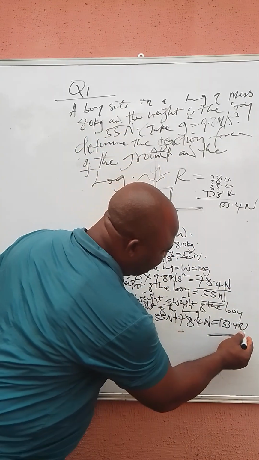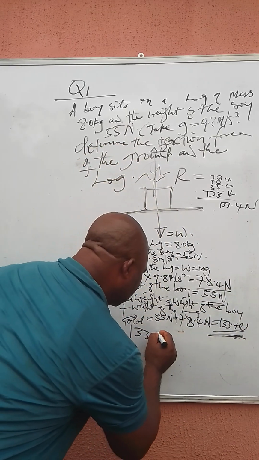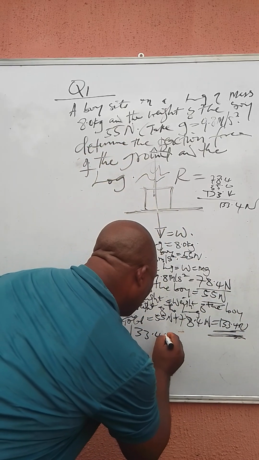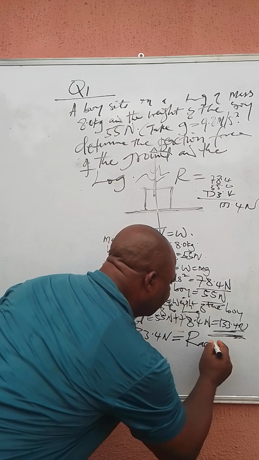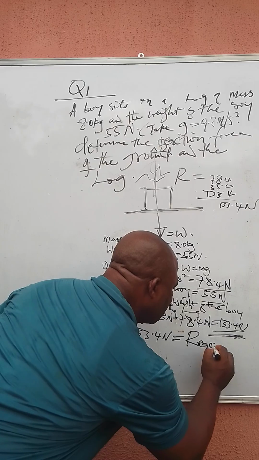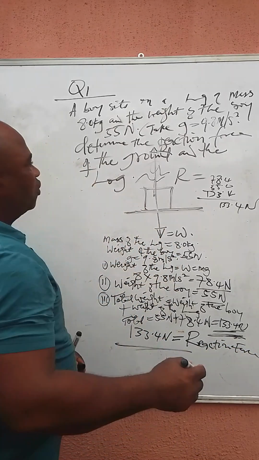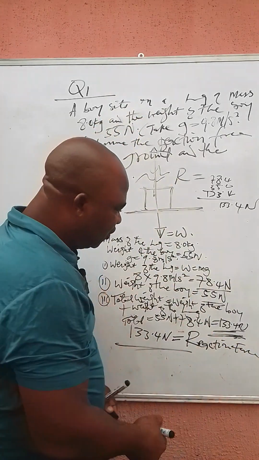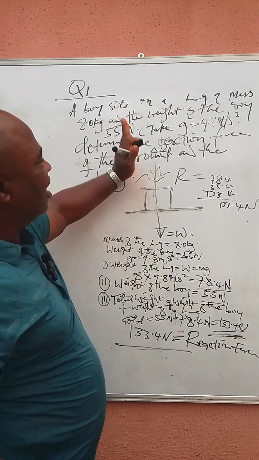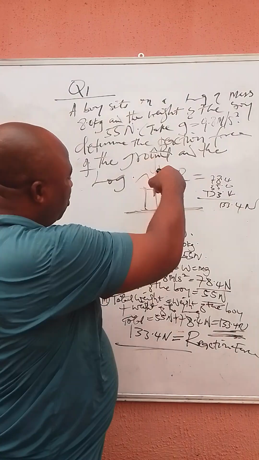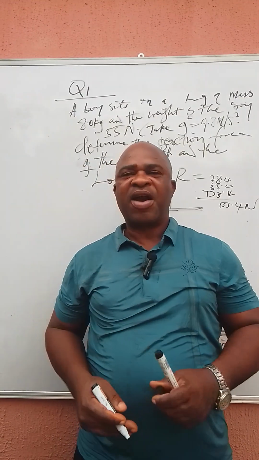That means this 133.4 Newton will be equal to the reaction force. So if this 133.4 we got as the action force, the reaction force will still be the same, but in the opposite direction.